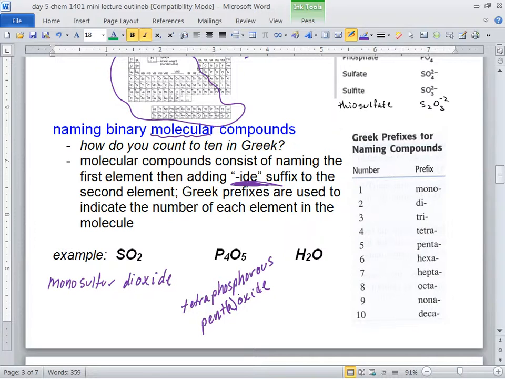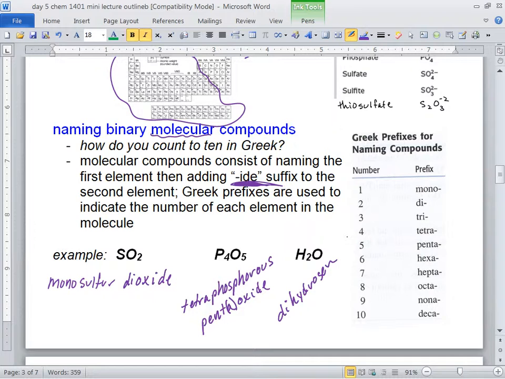How about water? Audrey, the technical jargon for water. How would you call that? Dihydrogen oxide, or monoxide. Right?